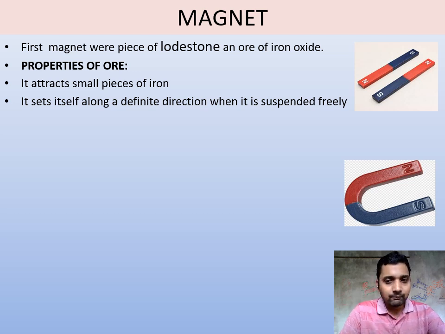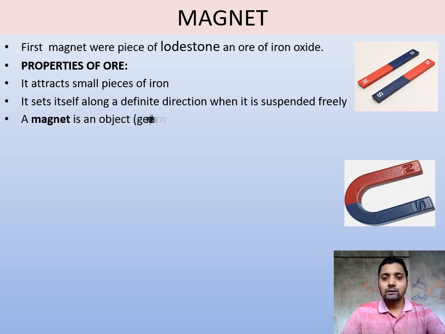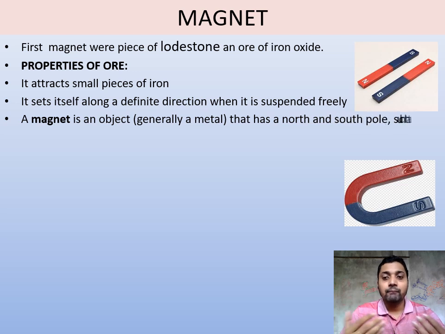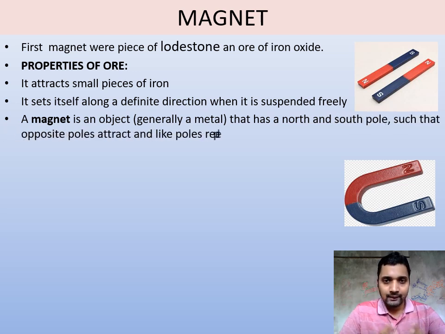So basically we can divide magnets into two types. The first is what we get from nature, the natural magnet, and what we make is the artificial magnet. So what we can say is, a magnet is an object that has two poles, one is the north pole and one is the south pole.